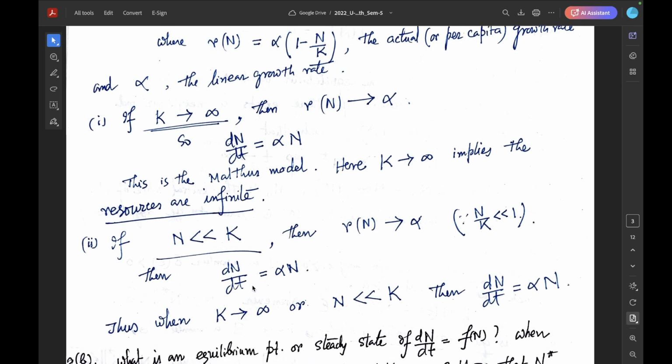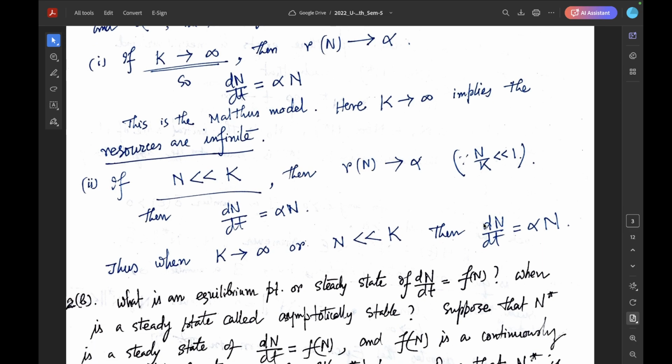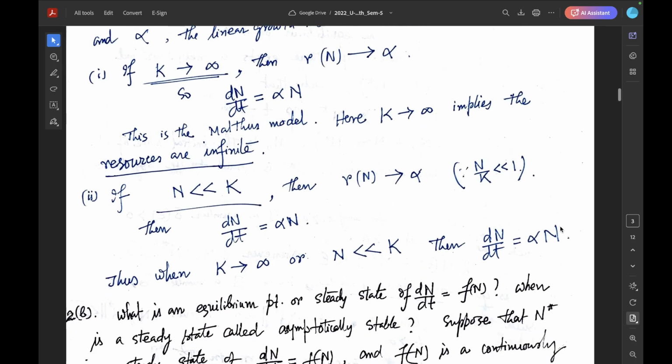So dn/dt equal to alpha n. Thus, when k tends to infinity or n less than k, then dn/dt equal to alpha n is the Malthus model. So the logistic model tends to the Malthus model when k tends to infinity or n is less than k.